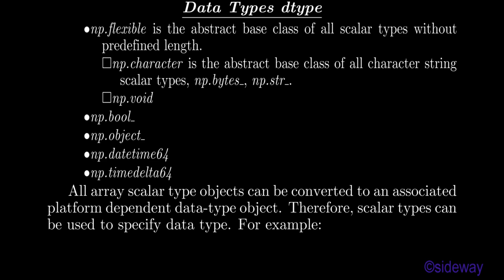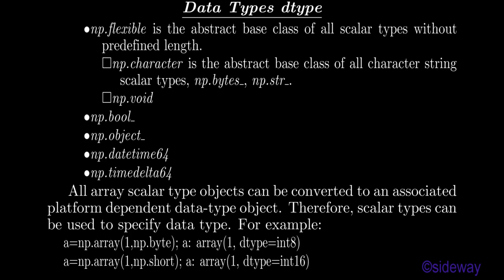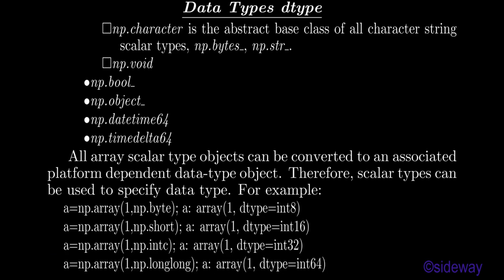For example, a = np.array([1], np.byte), array([1], dtype=int8). a = np.array([1], np.short), array([1], dtype=int16). a = np.array([1], np.intc), array([1], dtype=int32). a = np.array([1], np.long), array([1], dtype=int64).